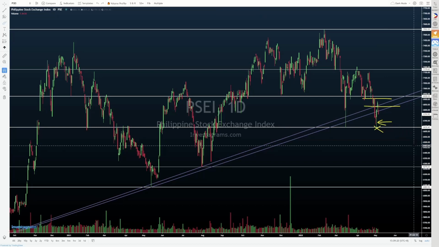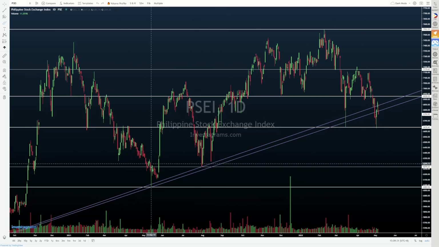Then, ang pinakamasasabi natin nun is baka gumagawa ng foundation yung market to just simply trade the range hanggang malaman natin yung next catalyst that could either propel the market upwards or downwards.